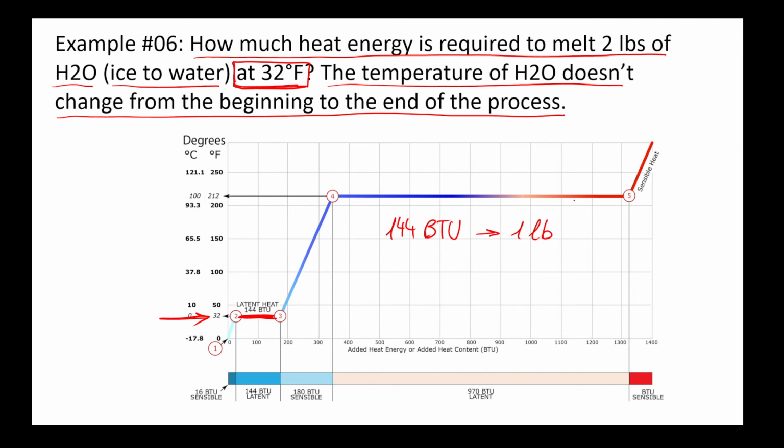In this case, the question is asking for 2 pounds, so 2 times 144 BTUs is 288 BTUs that we need to add to melt 2 pounds of H2O at 32 degrees Fahrenheit. No temperature change, so that makes this latent heat.